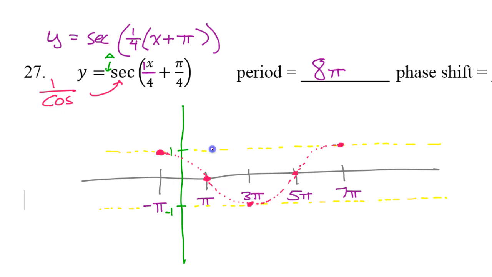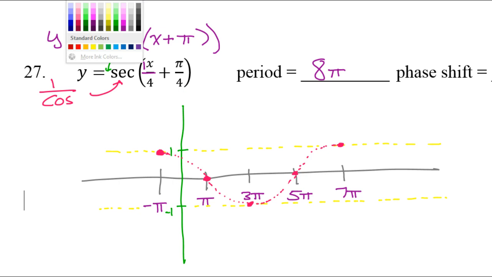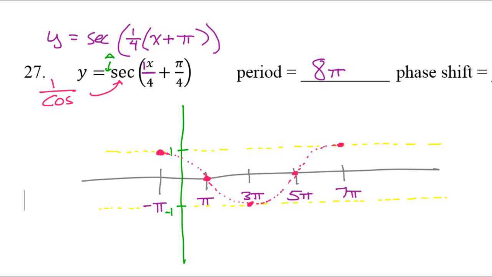So that makes it obvious why we have an asymptote wherever the cosine touches the midline. So I'm going to put an asymptote right here because it touches the midline right here at pi. I'm going to put another one here at 5 pi, another vertical asymptote, another dotted line.